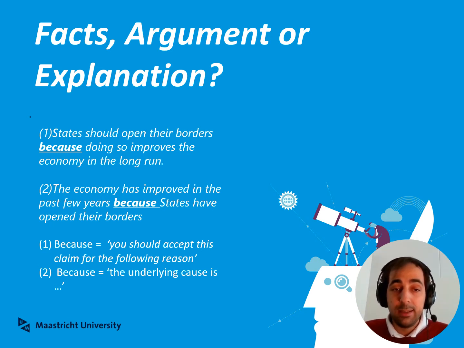In the second example, it's simply assumed that you believe that the economy has improved and that the underlying cause for that is that states have opened their borders. Now, when you're reading judgments, it's really important for you to know where you're reading an explanation and where you're actually being given reasons for a certain interpretation of a rule.